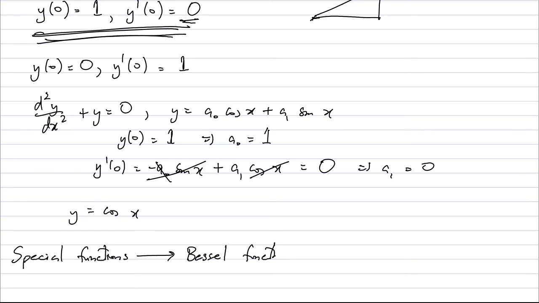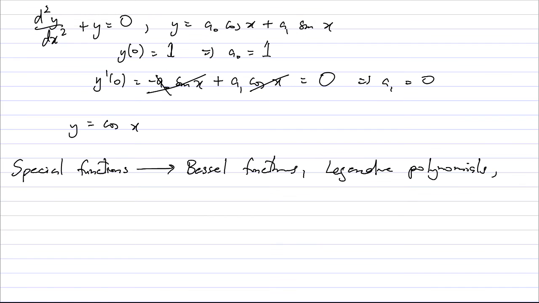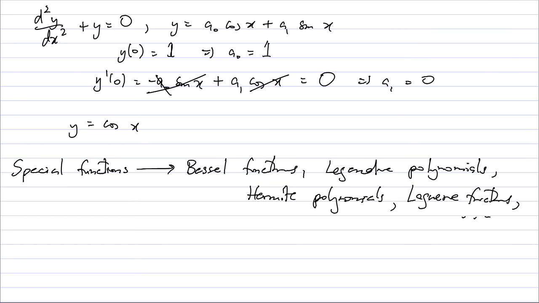You have Legendre polynomials, called polynomials because these are finite polynomials rather than infinite series. Then you have Hermite polynomials, then Laguerre functions, and so on and so forth. All of these satisfy some second order linear differential equation which appears often in applied mathematics, and they satisfy some boundary conditions.